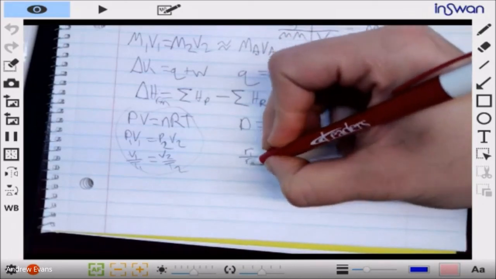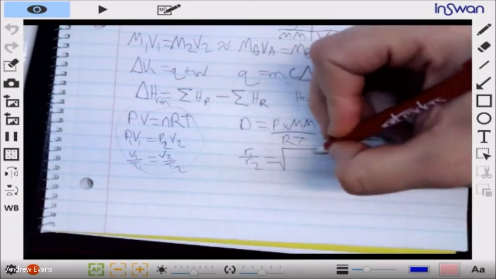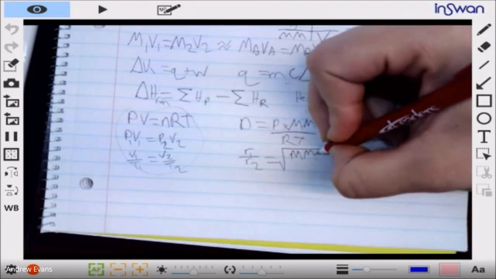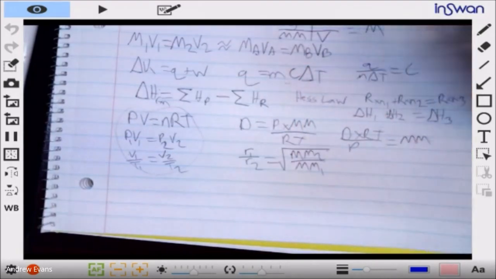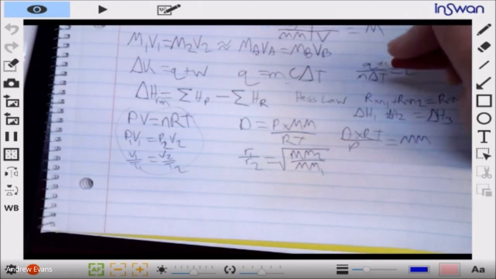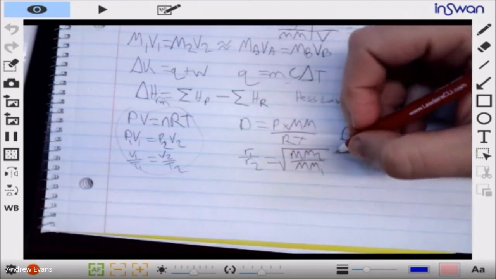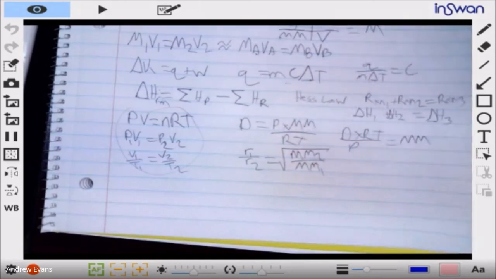Rate 1 over rate 2 is equal to the square root of molar mass 2 over molar mass 1. I will not really ask you to do the root mean square velocity. I will not really ask you to utilize the van der Waals equation of a gas.